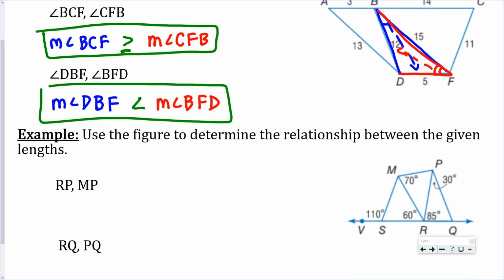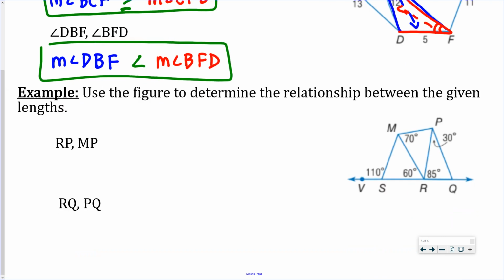Okay. This time we're given angle measures, and they want me to determine a relationship between the side lengths. So RP, they want me to compare to MP. Let's take a look at those sides. RP is across from an angle measure of 70.